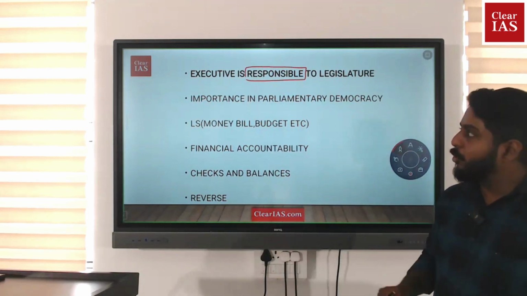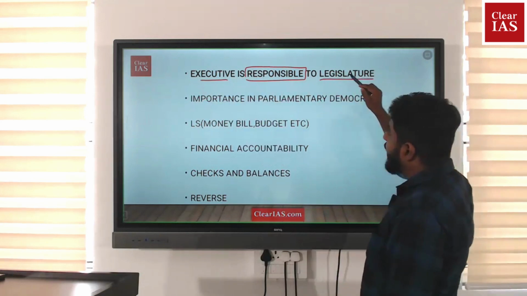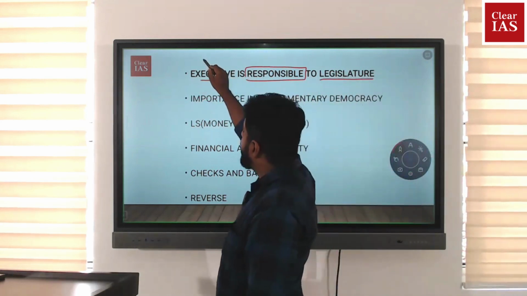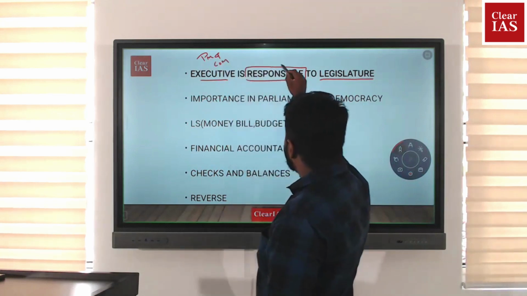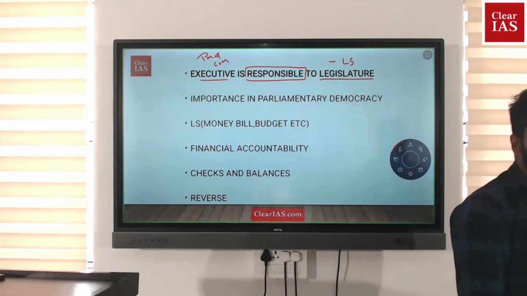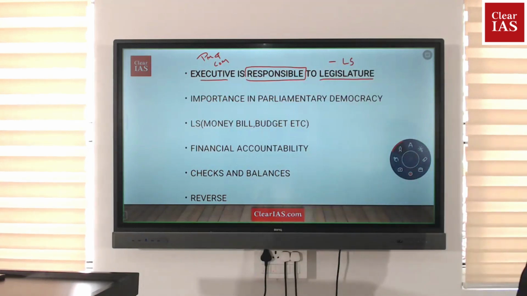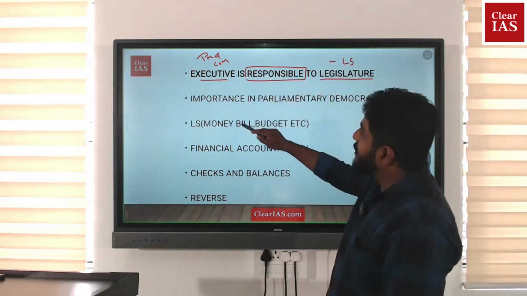Who is responsible to whom? The executive is responsible to the legislature. In other words, you can say that the Prime Minister and the Council of Ministers are responsible to Lok Sabha, isn't it? Sir, what does this mean?